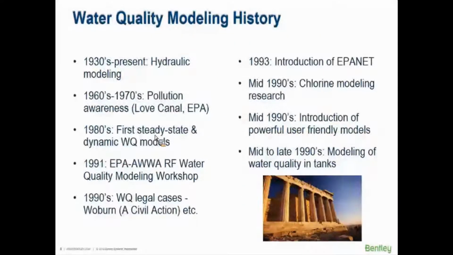Here it is. Here's some of the dates that I was looking for. In the 1960s and 70s, pollution awareness became a big deal, and by the 1990s, we were modeling water quality in tanks, and that's also about the time that you start seeing vendors starting to sell tank mixing devices.